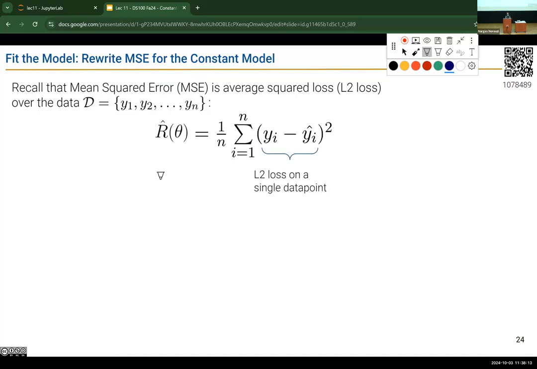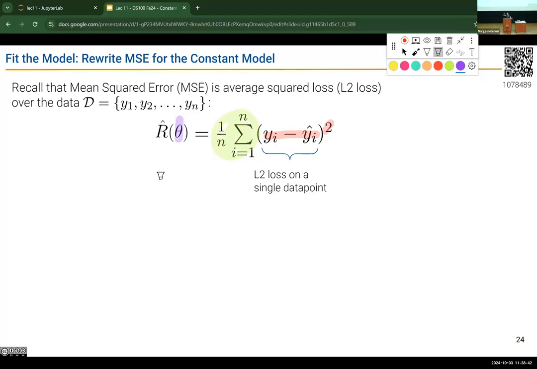So with the example we had in mind, or generally with any data set, I first need to write my entire objective function. If you're using a squared loss, you have to calculate the squared loss values for all of the data points and then calculate the average over all of them. As I've repeated multiple times, that is parameterized by theta.